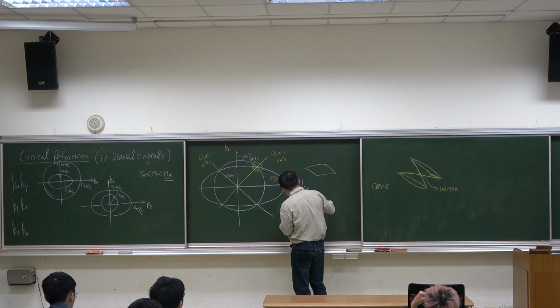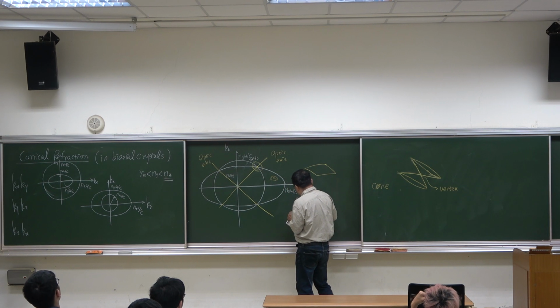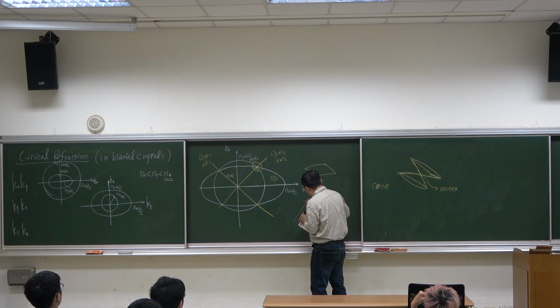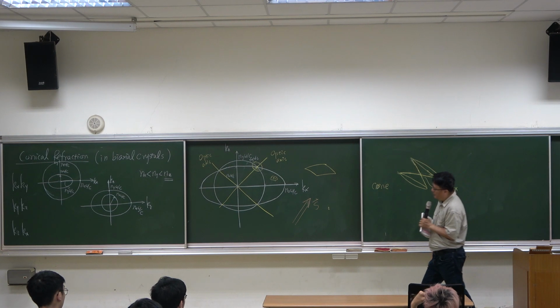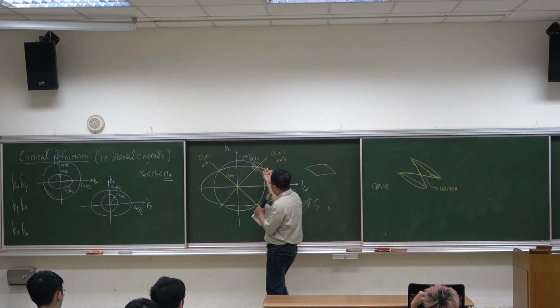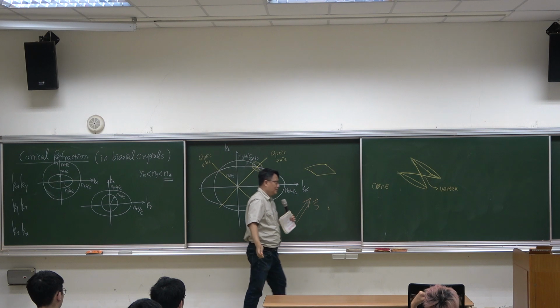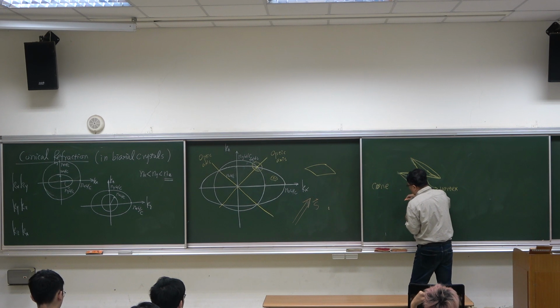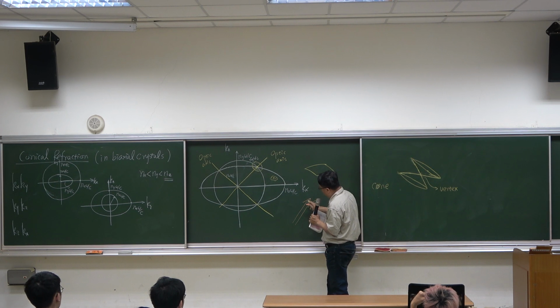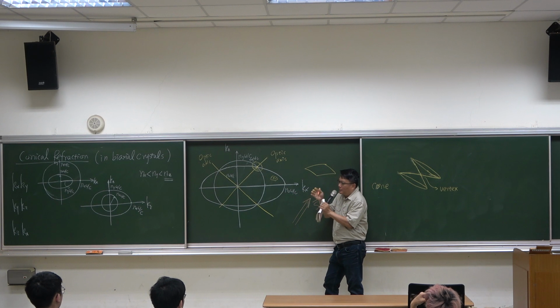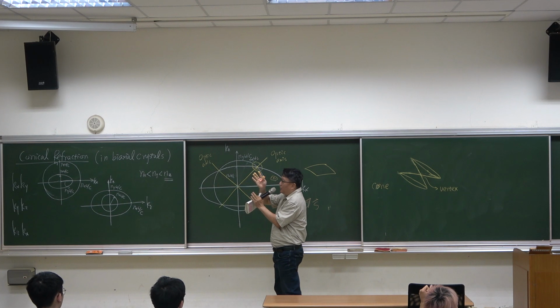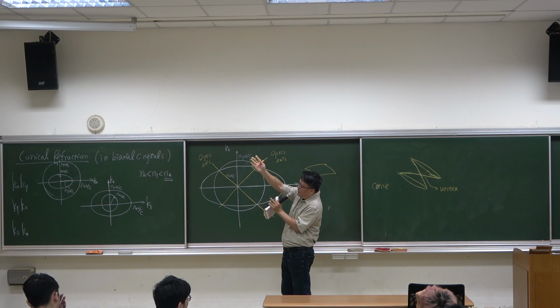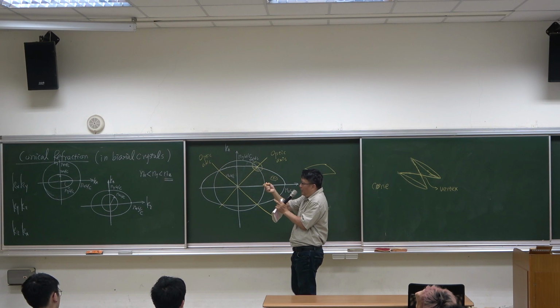If we consider a beam of light having its pointing vector along this direction. In fact, a beam of light is not a plane wave. Okay, it includes not only a very specific k, it includes a range of k.